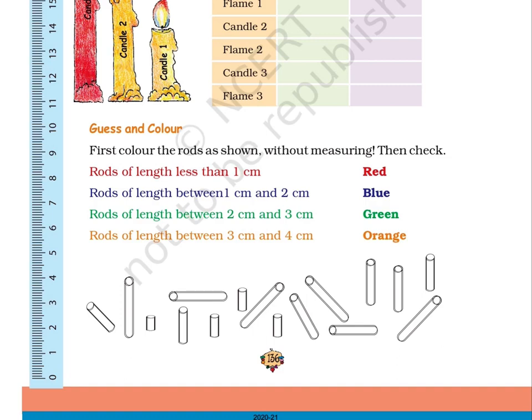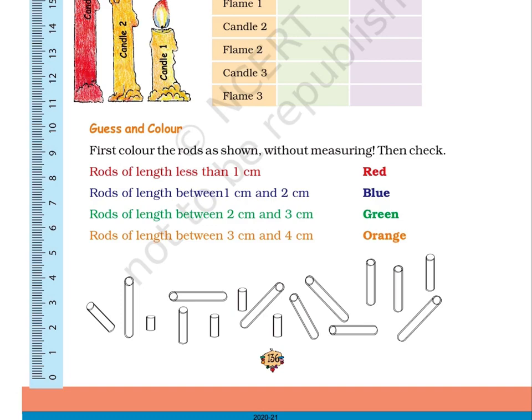Rods of length less than 1 centimeter, red. Rods of length between 1 centimeter and 2 centimeters, blue. Rods of length between 2 centimeters and 3 centimeters, green. Rods of length between 3 centimeters and 4 centimeters, orange.